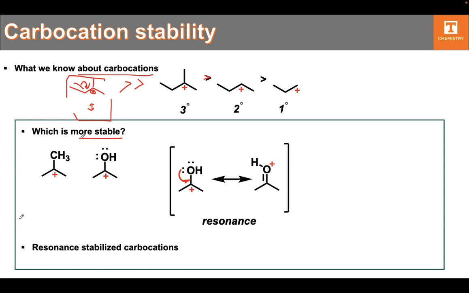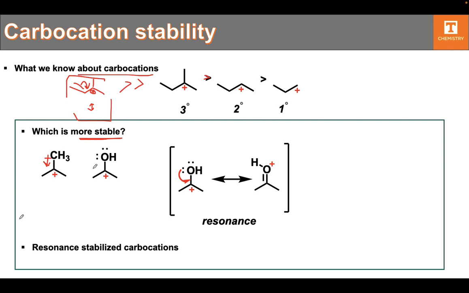Now, for example, out of these two structures, which is more stable? Well, they are both tertiary carbocations. In the first one, we have a methyl group, and on the other, we have a hydroxyl group. So the methyl group can donate electron density to the carbocation, stabilizing it.